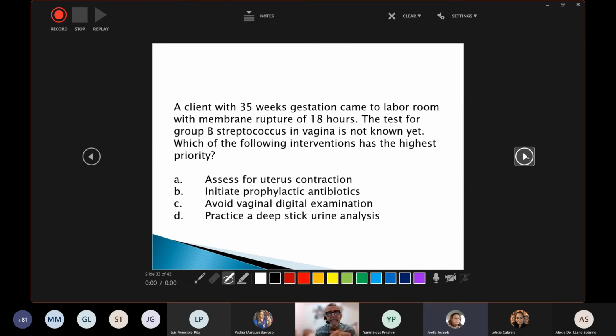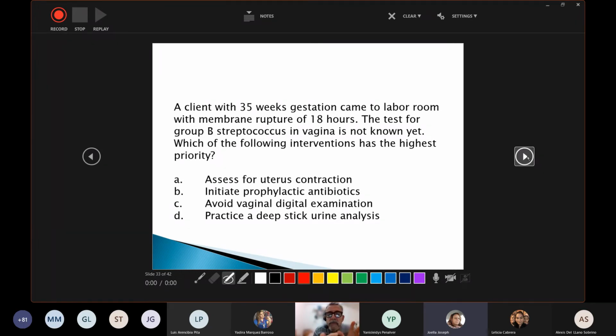Remember that these membranes are the separation between a sterile environment, which is the uterine cavity, and a vagina that has a normal flora, but that flora should not go to the interior of the uterus.